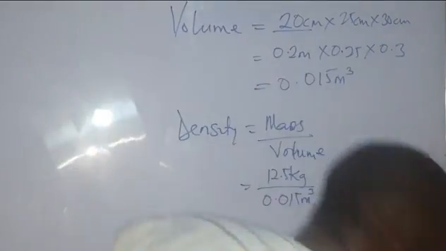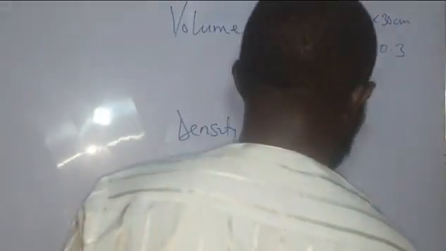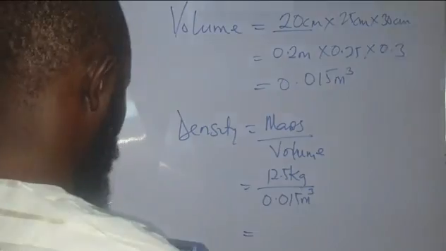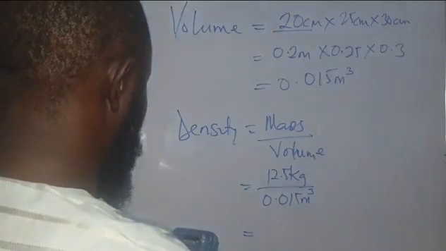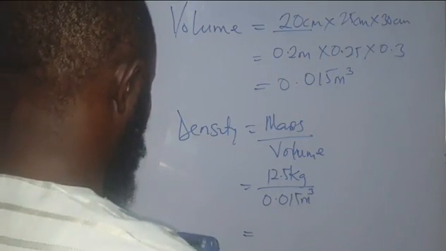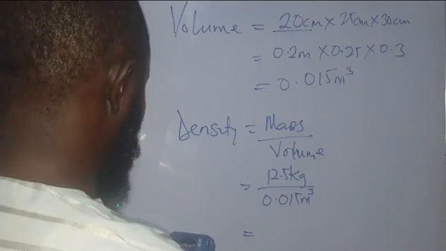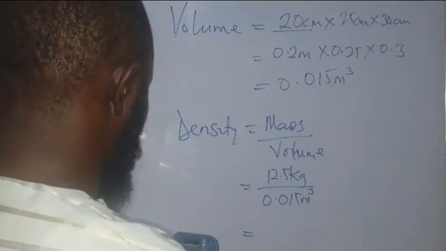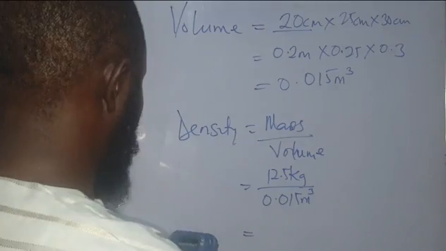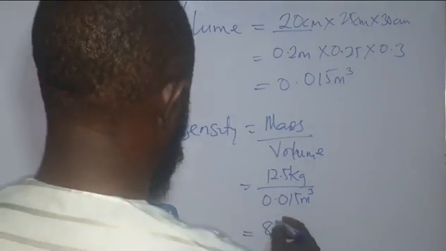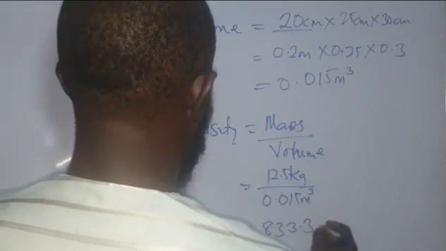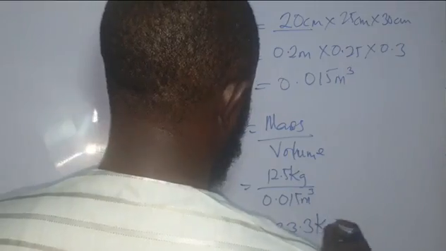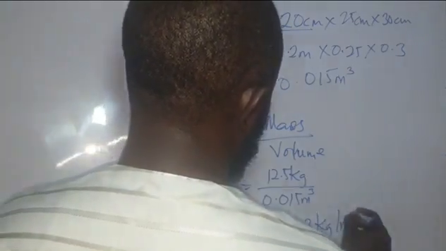So that gives 12.5 divided by 0.015, which is 833.3 kilogram per meter cube.